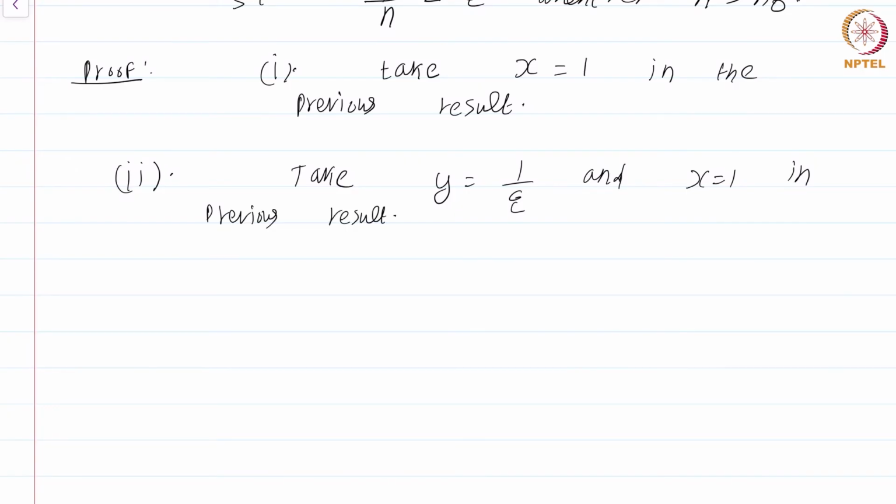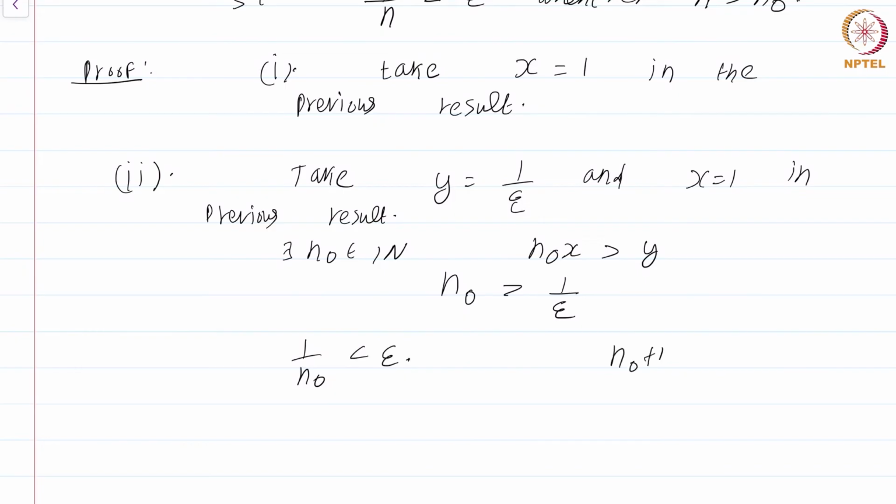So what you get out of the previous result is that there exists n naught in N such that n naught x is greater than y. Where x is 1 now, so n naught is greater than 1 by epsilon. Or in other words, 1 by n naught is less than epsilon.